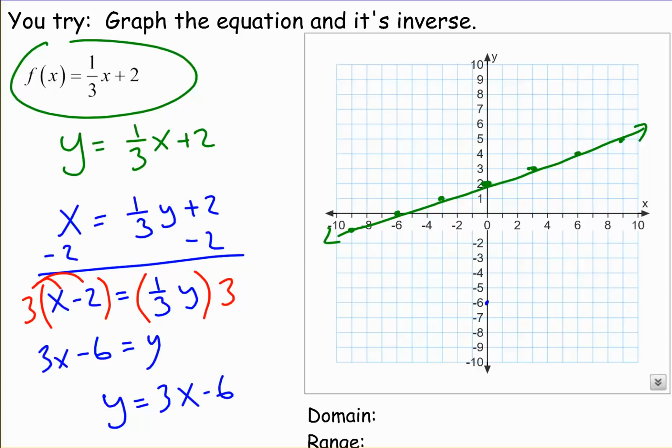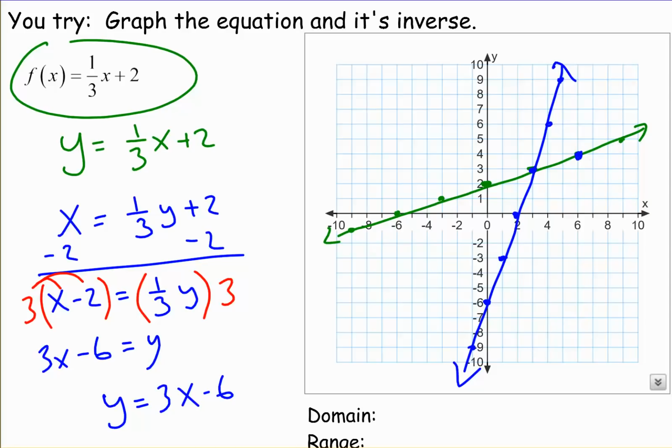Y-intercept is negative 6. Slope is 3, up 3 over 1. Down 3, left 1. And we can pick some more points. Let's say we picked this point right here.